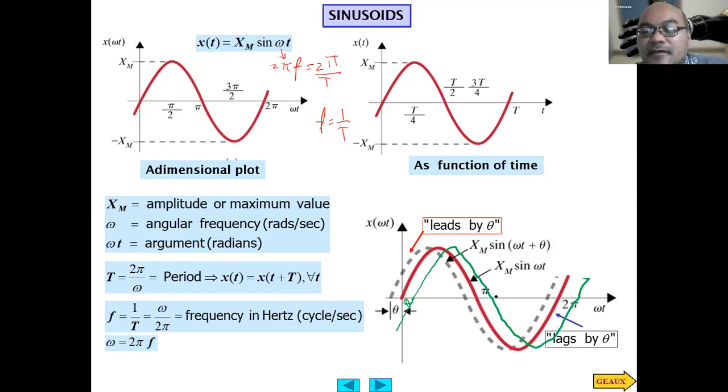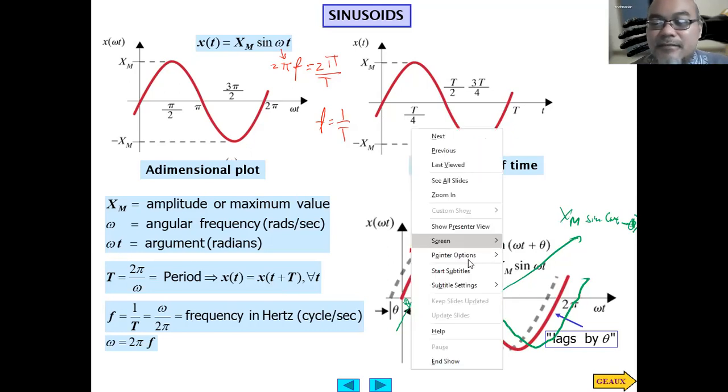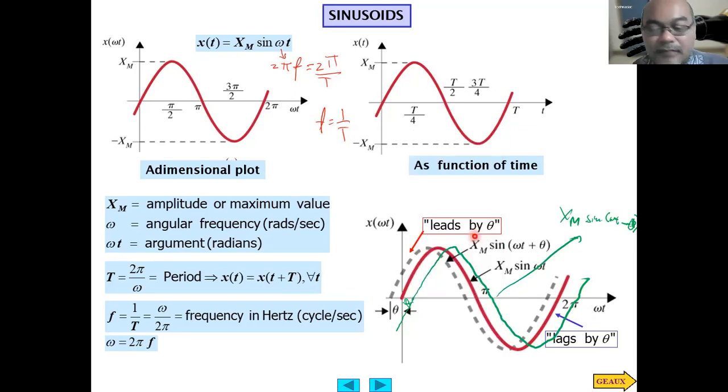So the green wave here is expressed as x m sine omega t minus theta. Okay, so this green wave lags the red line by theta, but this green line lags the dash gray line by 2 times theta, right? By 2 theta. Okay, so far understandable, yeah? Not difficult, I believe.